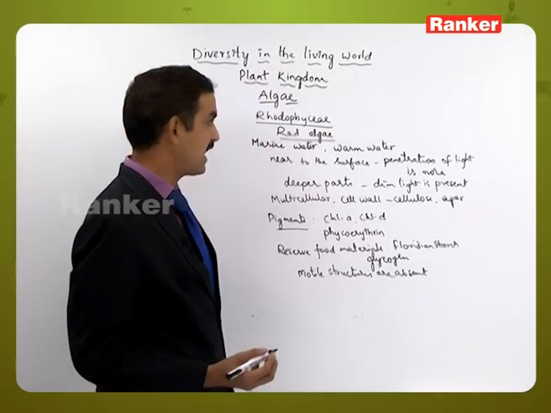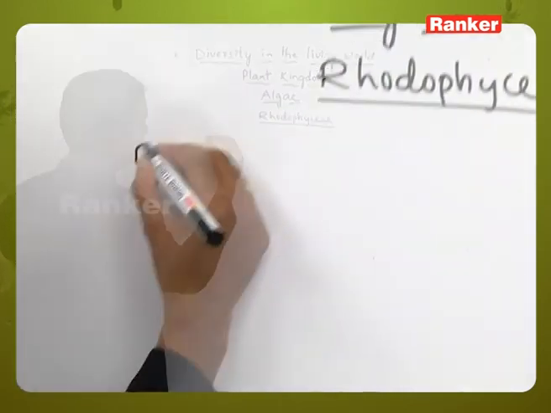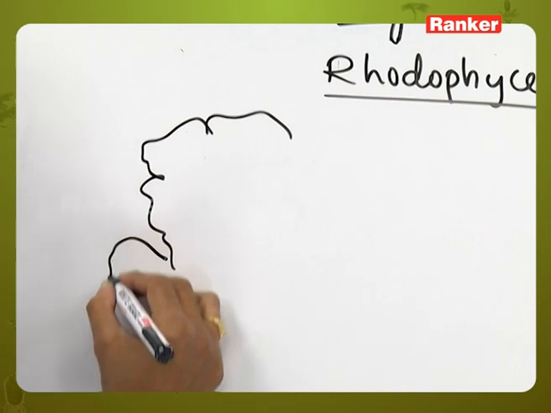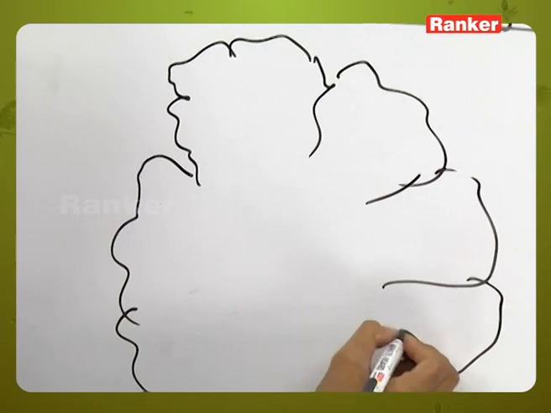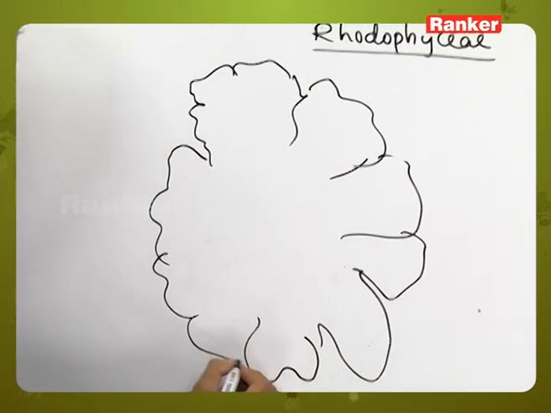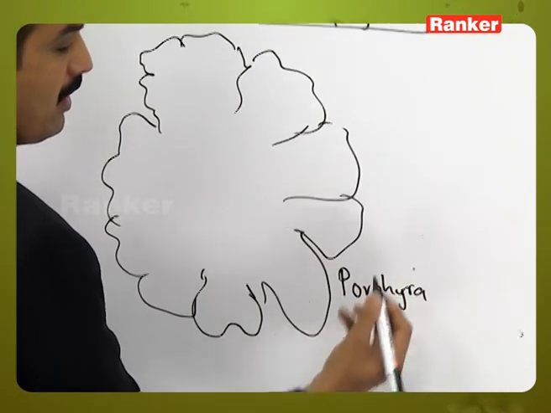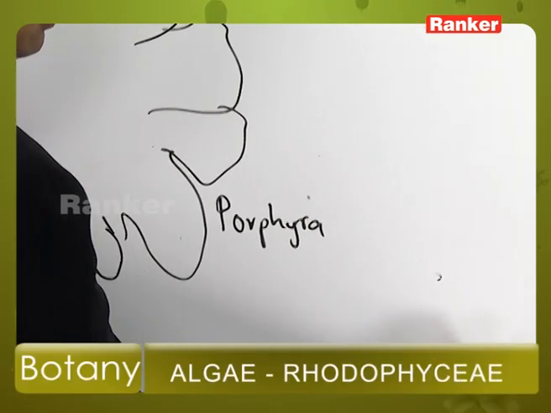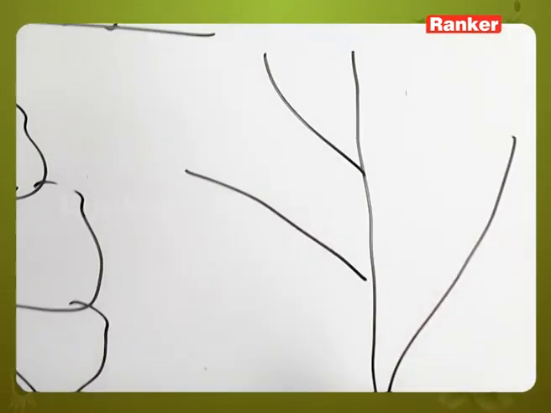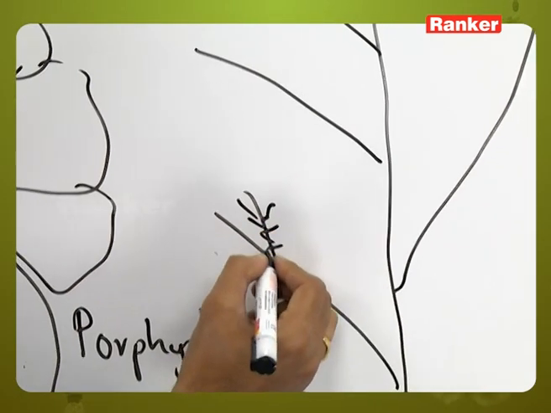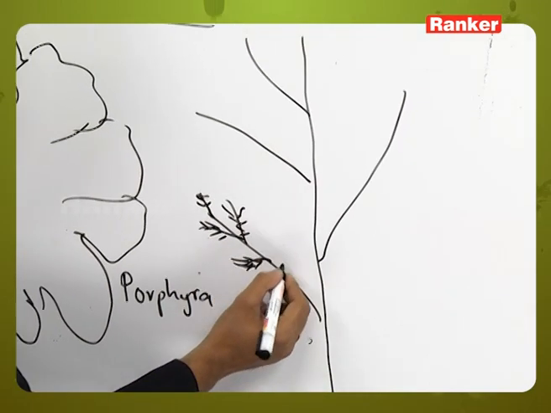And if you observe the organization of red algal members like Porphyra, Porphyra will show a flattened expanded structure like this. This is Porphyra, and Polysiphonia has a main axis-like structure with branches on it. Each one will have small structures like this.